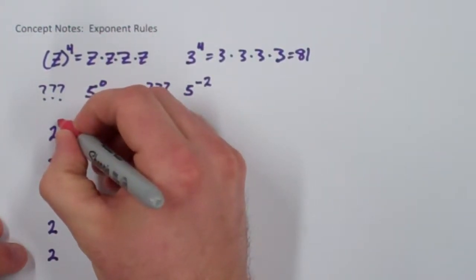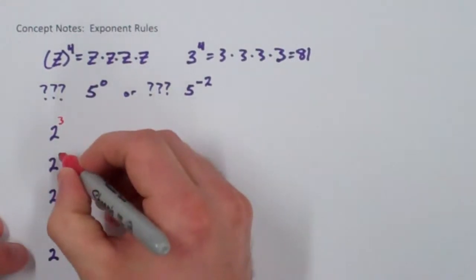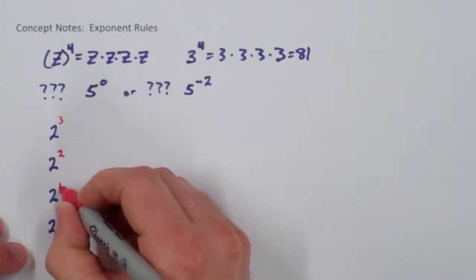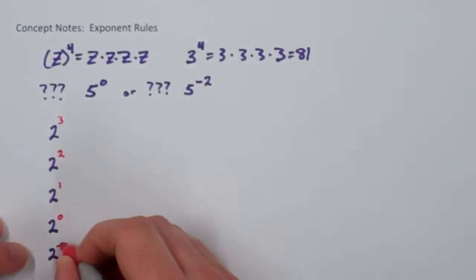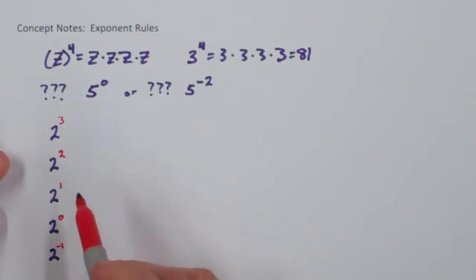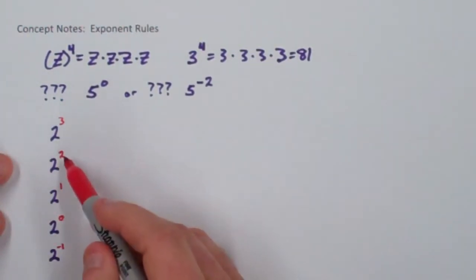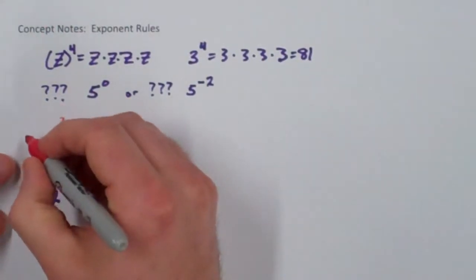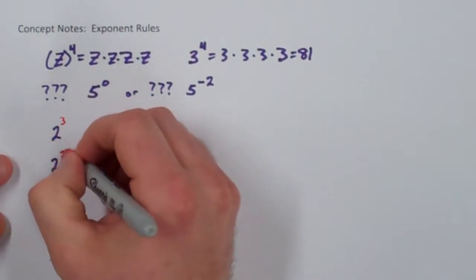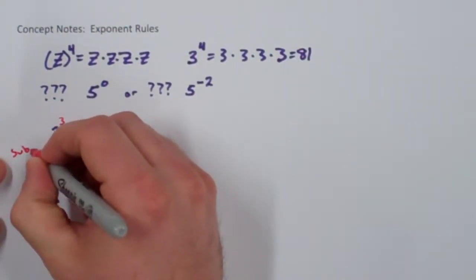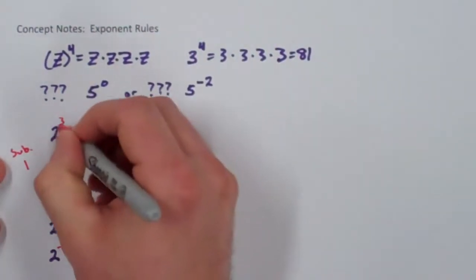Let's raise this to the third power, then second power, first power, 0, and negative 1, and then we'll probably extend this a little as well. I want you to see what's happening here: 3, 2, 1, 0, negative 1. All we're doing is subtracting 1. From 3 to 2, that's subtracting 1. So that's our pattern on the exponent side.